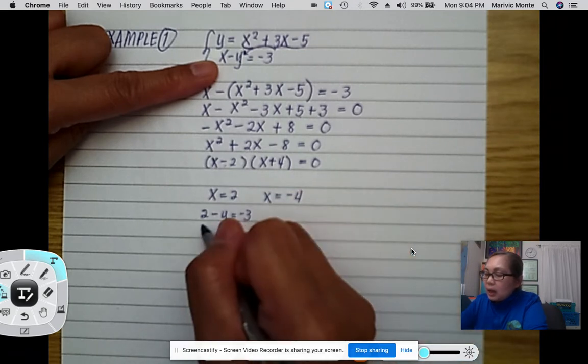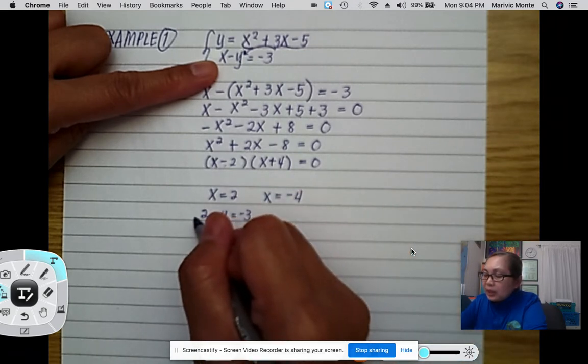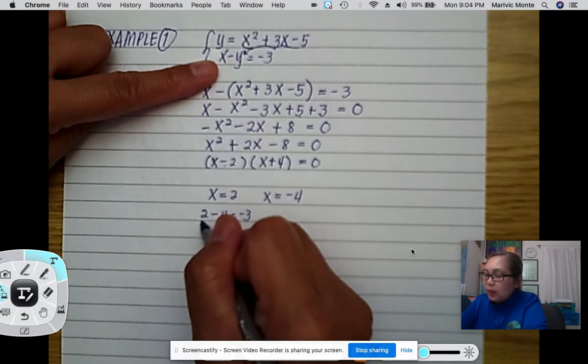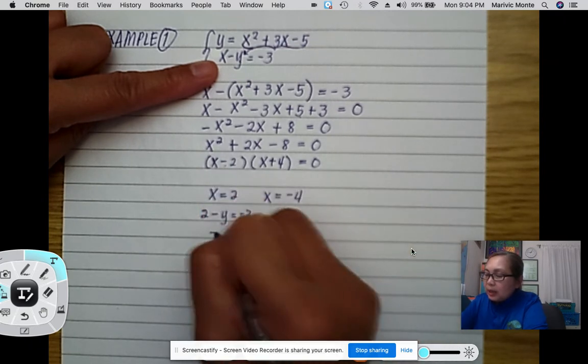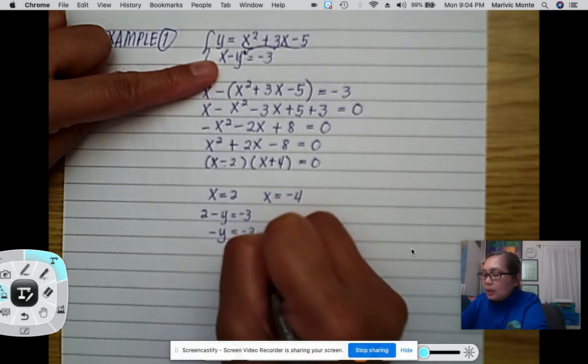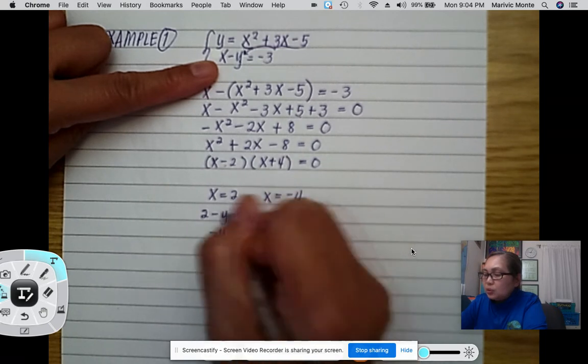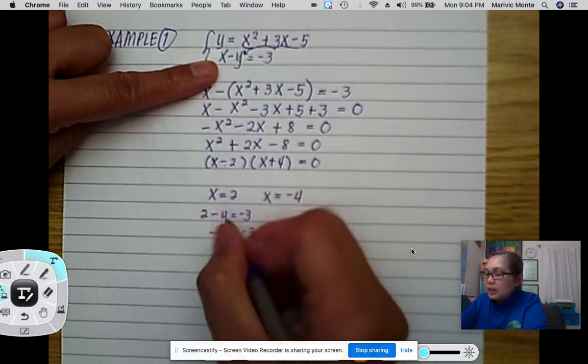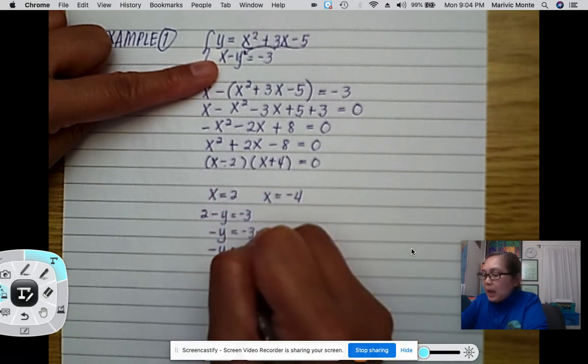And again, subtracting 2 from both sides of the equation, you're going to end up with negative y equals, this will become negative 3 and minus 2 when you move that on the other side. So I'll have minus y equals negative 5.